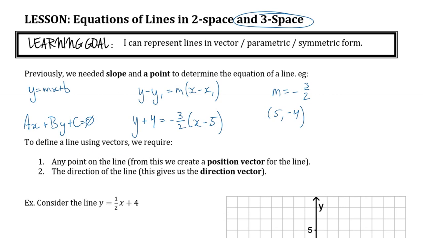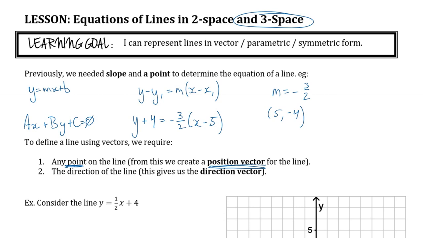Okay, so where in grade 9 and previously in Cartesian space, not using vectors, we needed slope and a point. When we're using vectors, we need a point, but the point is useful because it gives us a position vector, where the tail is at the origin and the tip is at any point on the line, okay?